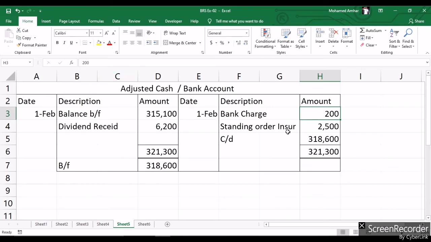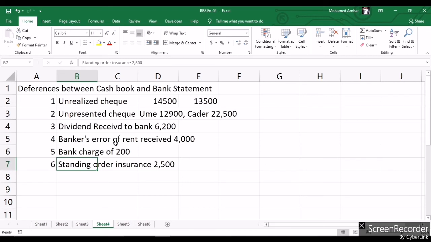The standing order insurance should be deducted, right? And I think that's all the differences that should be corrected by the business. That means the errors of the business.